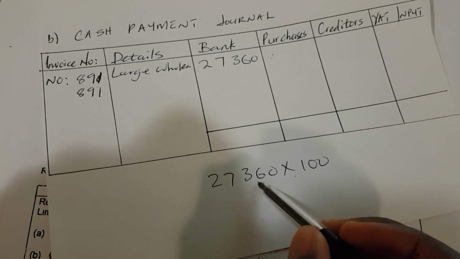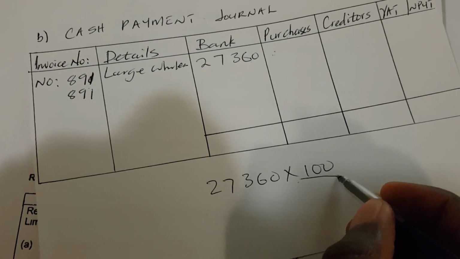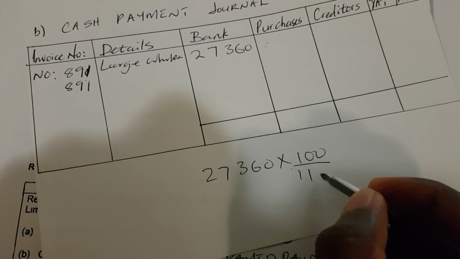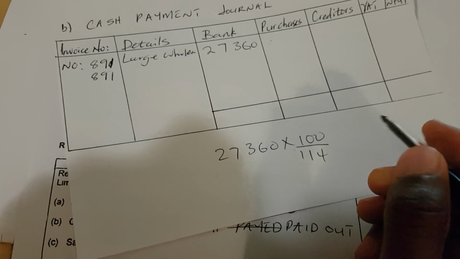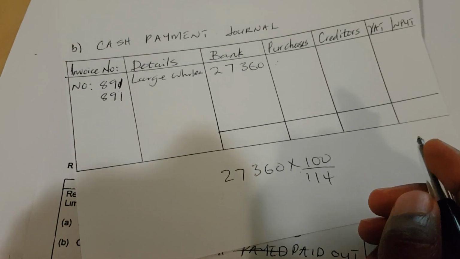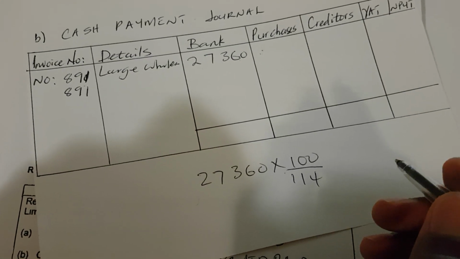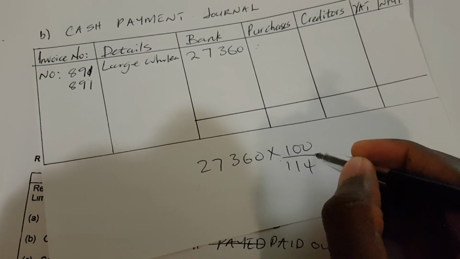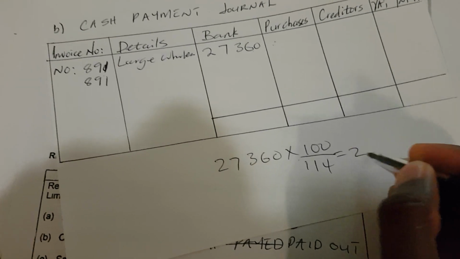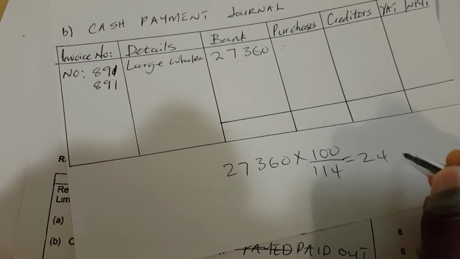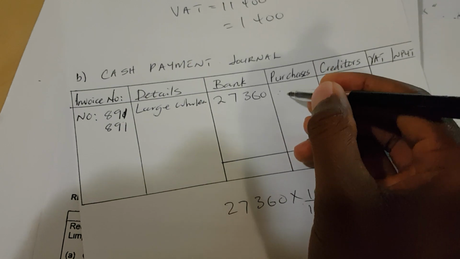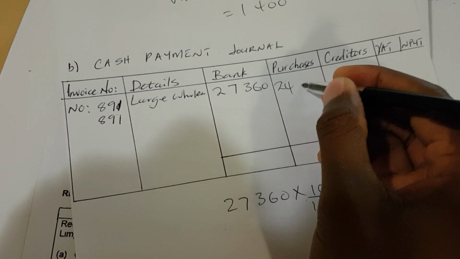So it's 27,360 times 100 divided by 114. So how much is going to be our purchases excluding VAT? Our purchases will amount to 24,000. So without VAT, our purchases amount to 24,000.